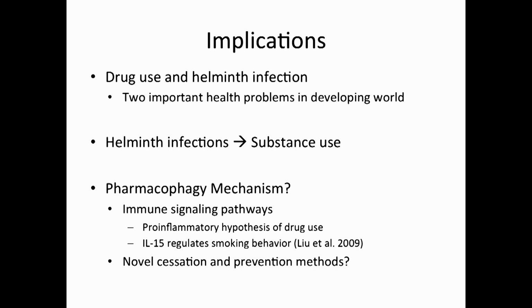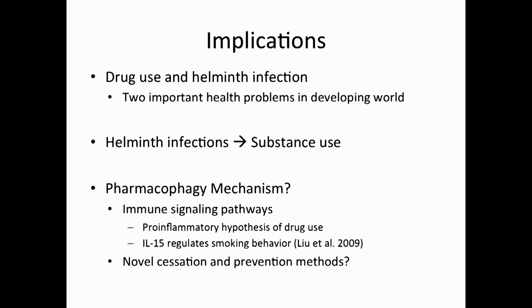So what does this all mean? Well, on the one hand, it shows that there's an important relationship between two major public health problems in the developing world: intestinal helminth infections, which have a burden of disease on par with malaria and tuberculosis in these populations, as well as substance use.